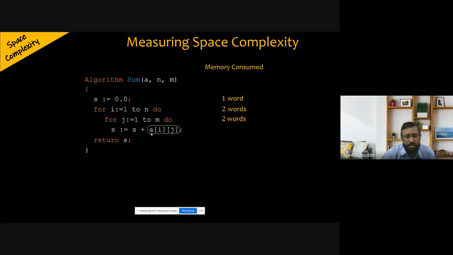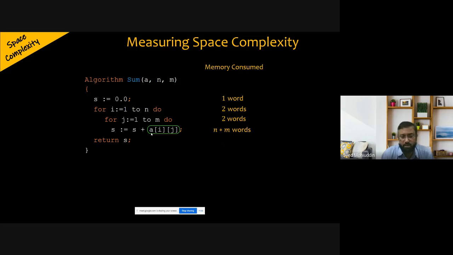Then in this expression, S we have already said consumes one word. Accessing the array is a reference variable. Here we have I and J, that is rows and columns. The number of rows is N, columns is M. This will be occupying N into M words.